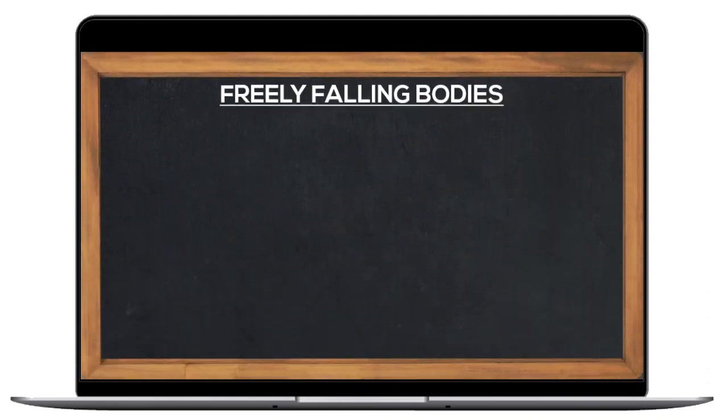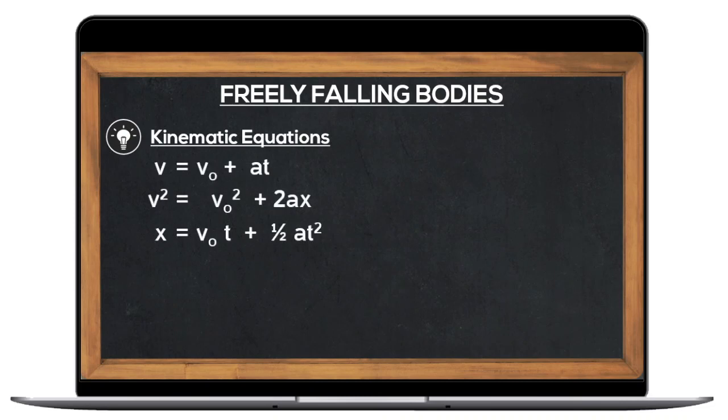So, let's continue. Kinematic equations. We have here the kinematic equations that we used for the motion along the horizontal line, where v is our velocity, v sub o is the initial velocity, and v is our final velocity. a is the acceleration, t is time, and x is our displacement.